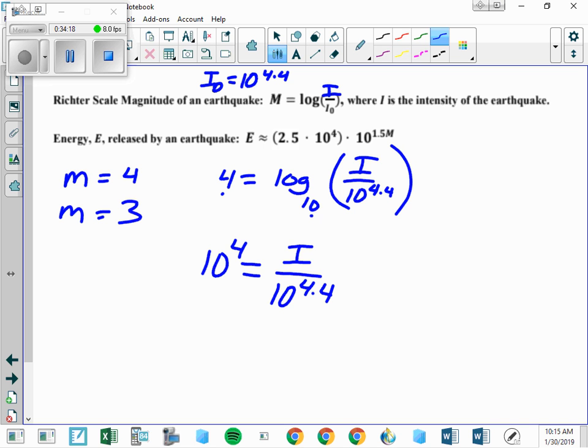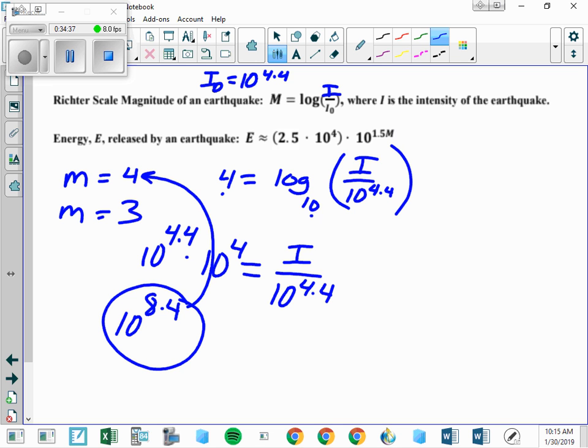So now I multiply by 10 to the 4.4. If two numbers have the same base, what do I do to the exponents? Add the exponents, so I get 10 to the 8.4. That is the intensity of an earthquake with magnitude 4.